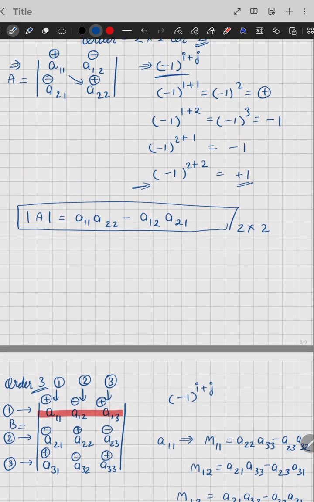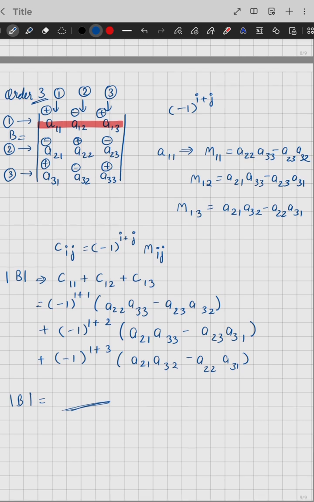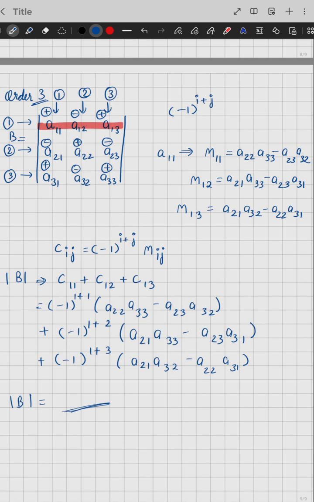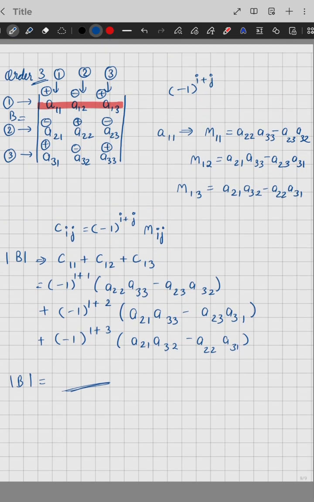Let's take an example for a 2 cross 2 matrix and a 3 cross 3 matrix, how we are going to calculate it. Suppose there is a 2 cross 2 matrix: 2, 3, 4, minus 1.